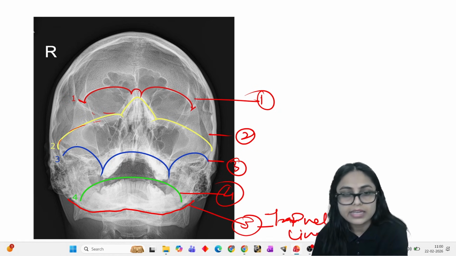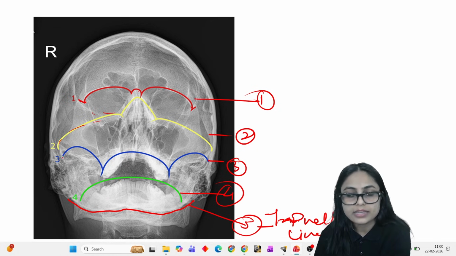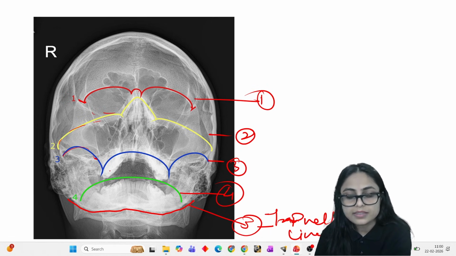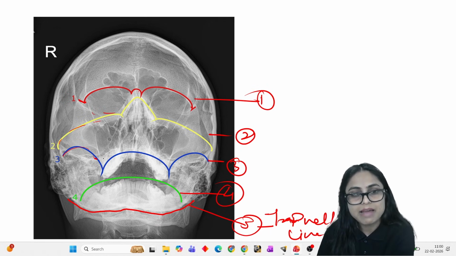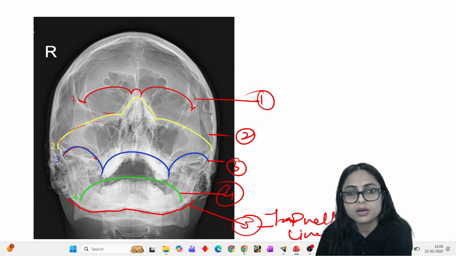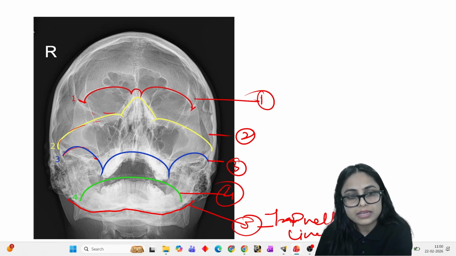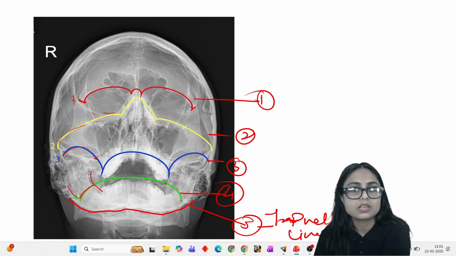The third line connects the condyle, then the coronoid process, then the floor of the maxillary antrum, and joins the opposite side. The fourth line connects the mandibular ramus, placing the occlusal plane of the teeth and joining the other side of the ramus.